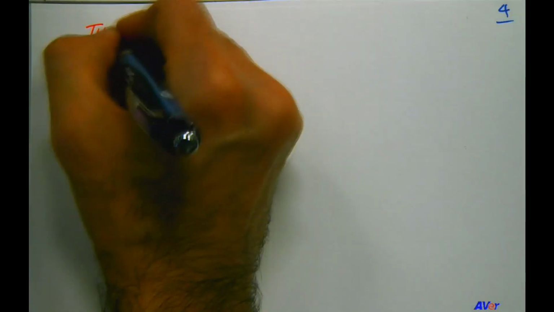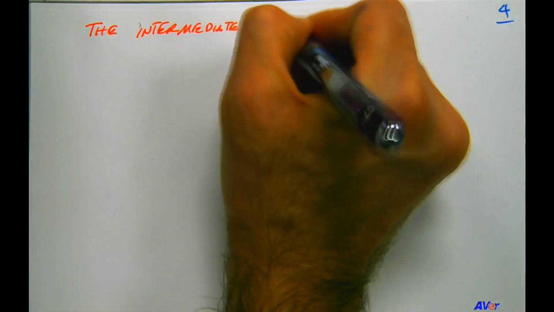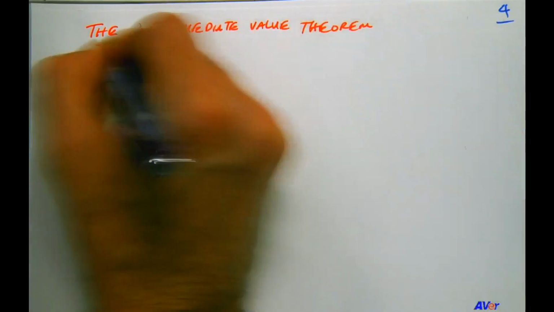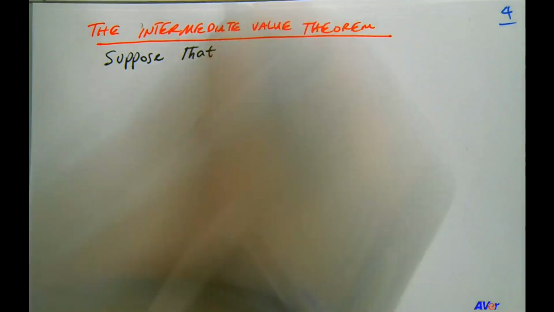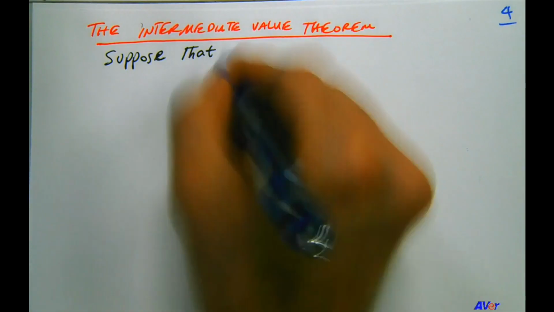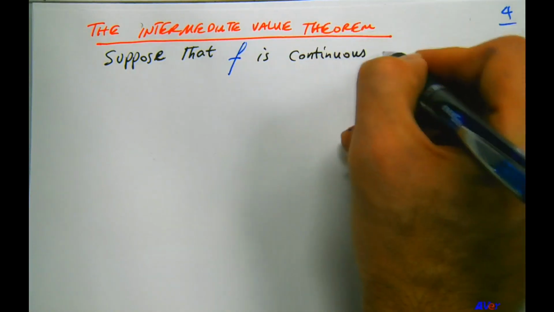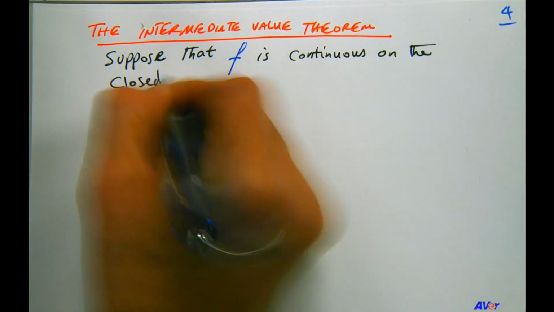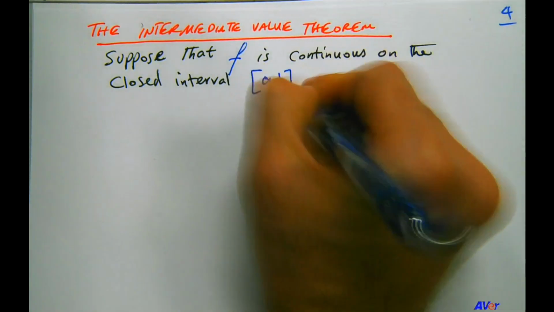Now let's describe it. So suppose that we have some function f that is continuous on the closed interval a, b, right?